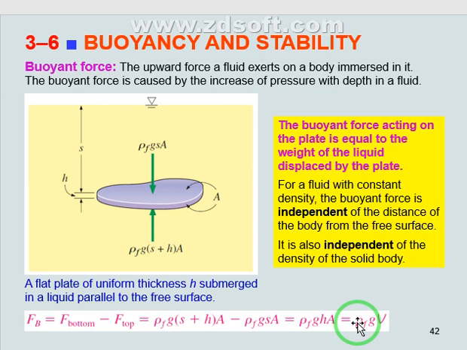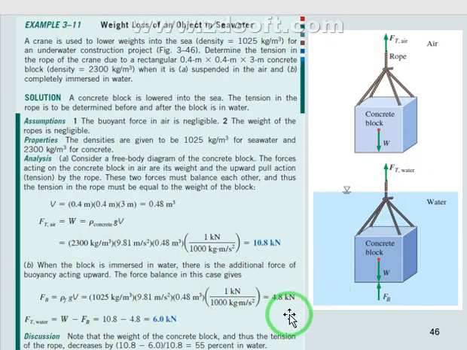This buoyant force is caused by increased pressure with depth in the fluid, right? You need to understand this. This is a very old concept in science. So we use the volume of the body, g is g, but the rho is related to the fluid itself, not to the body itself, right?